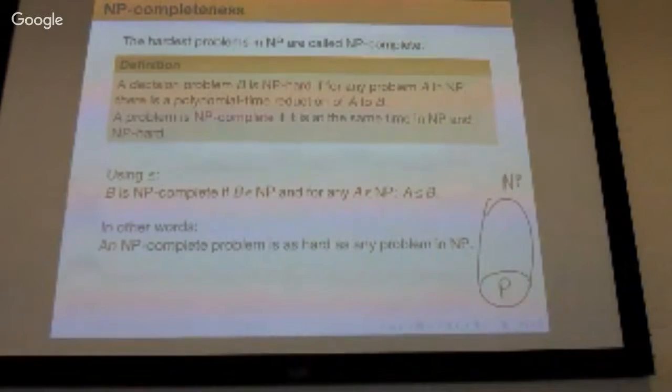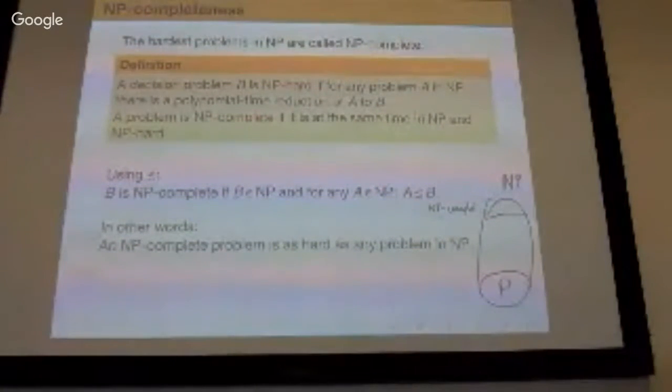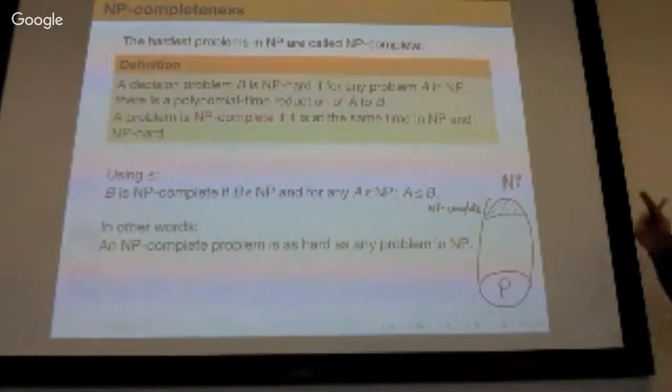Because if there's a polynomial time algorithm for a problem, then that algorithm by itself can be used to check the yes answer. And somewhere at the top are the NP-complete problems. These are the hardest problems in NP, and if you could solve any of them, you could solve everything.